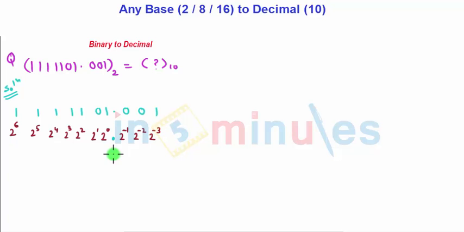Once again, keeping the fractional point as it is, you need to cancel out the powers of 2 where 0 is present in the binary. So I will cancel these and add the remaining ones: 1 into 2 raised to 6, 1 into 2 raised to 5, 1 into 2 raised to 4, that is nothing but 2 raised to 6, 2 raised to 5, 2 raised to 4.